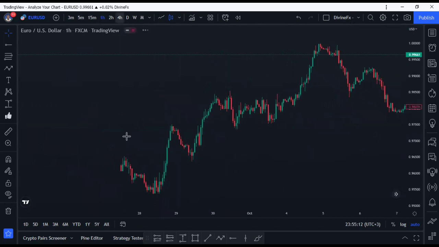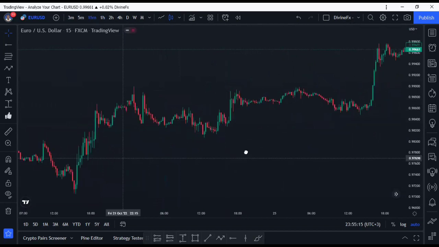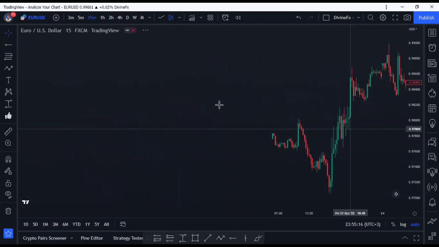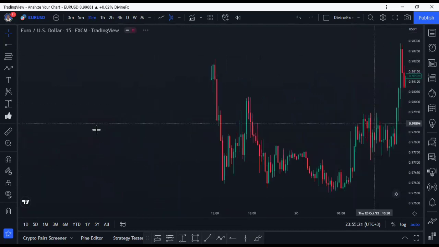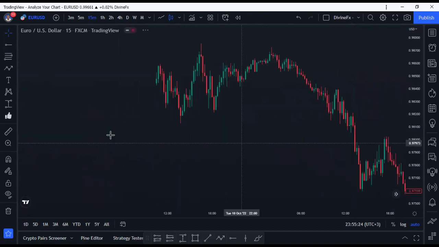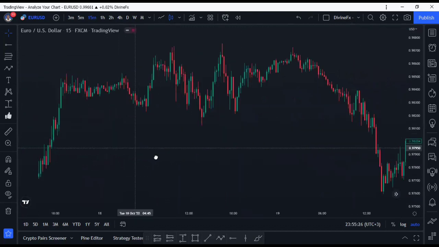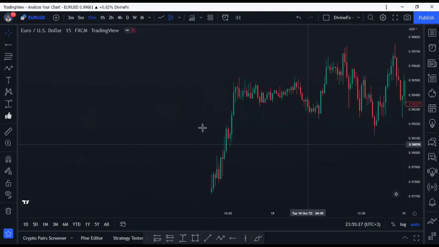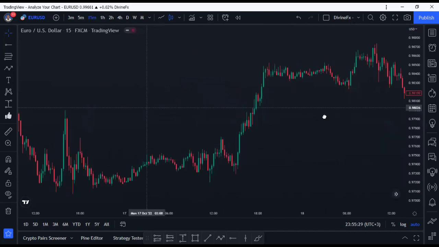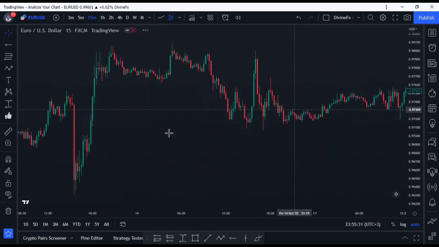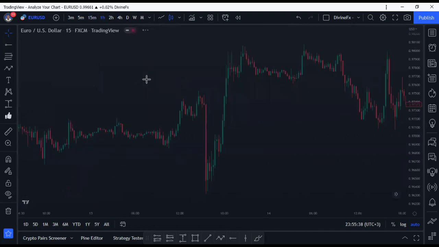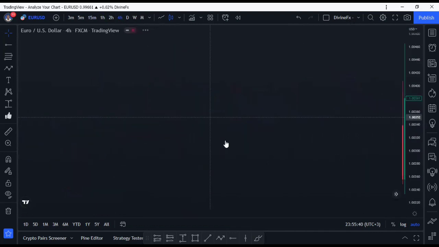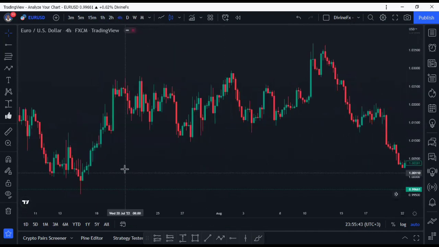Let me look at it on 15 minutes. Maybe you can see it clearly. You can get a good picture of this invalidation. Now 4 hours.